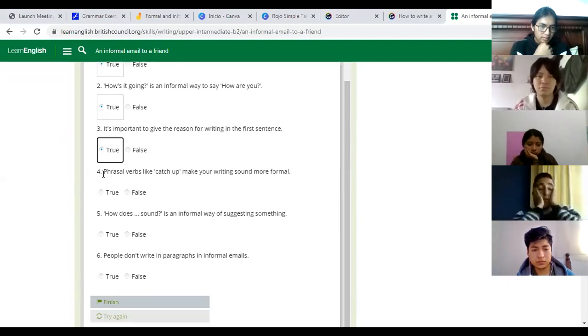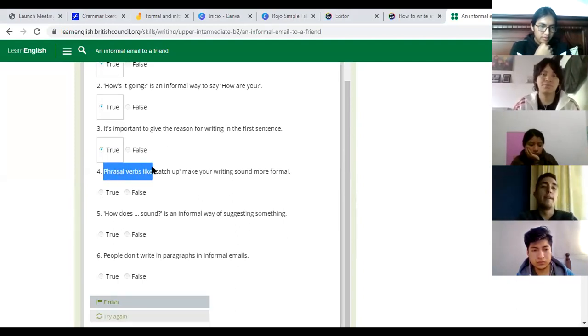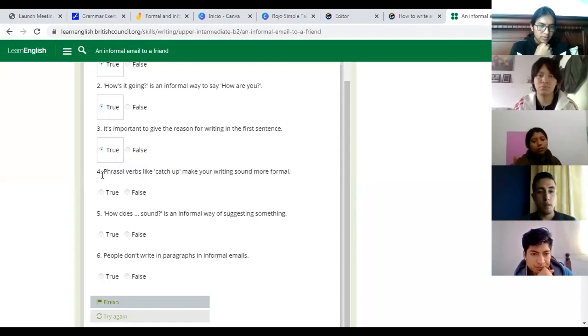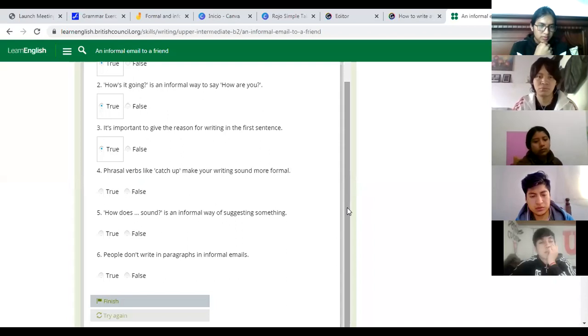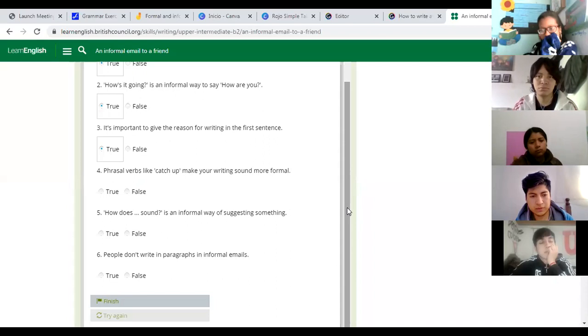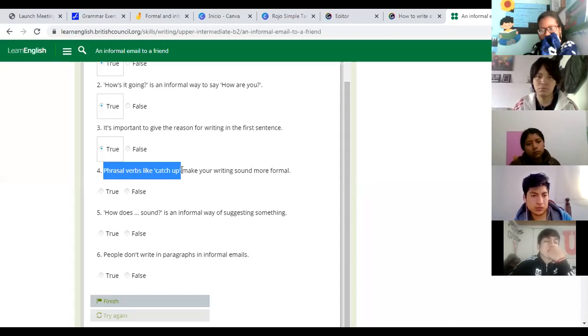Number 4, it says phrasal verbs like catch up make your writing sound more formal. Ya, este les quiero ver. True or false? I hear you. I repeat this part. Phrasal verbs like catch up make your writing sound more formal.